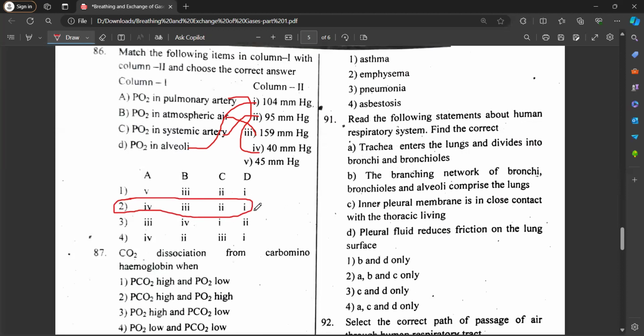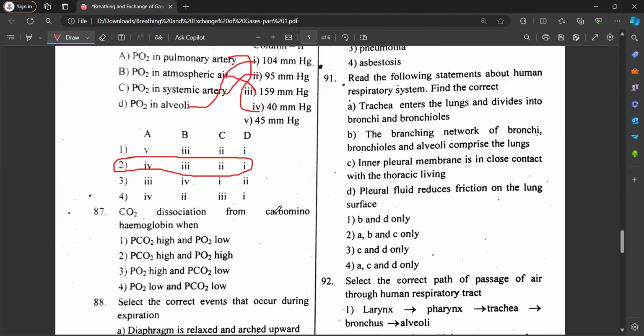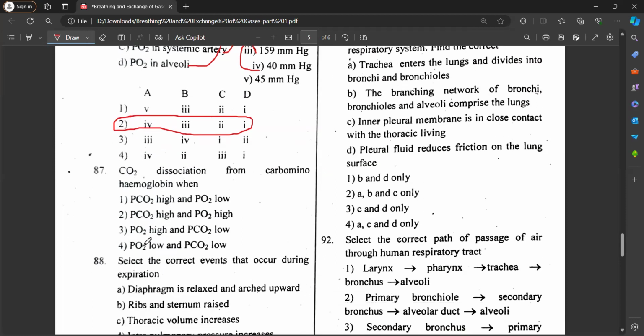Next, carbon dioxide dissociation from carbaminohemoglobin when partial pressure of carbon dioxide is high and PO2 is low; PCO2 is high, PO2 is high; PCO2 is low, PO2 is high; PCO2 is low, PO2 is low. So when does it dissociate?